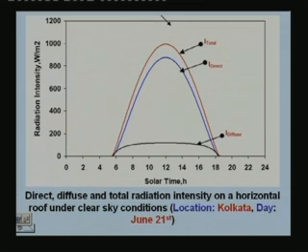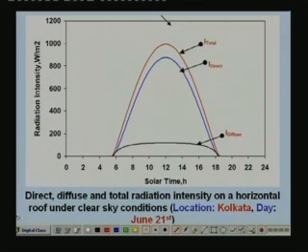Okay, it's a horizontal roof under clear sky conditions. So you can see that it is 0 at these points because this is before sunrise and this is after sunset. So solar radiation will be there only during the day. At sunrise, gradually the diffuse radiation and direct radiation increase with solar time.